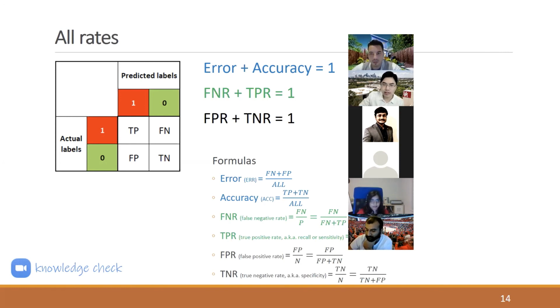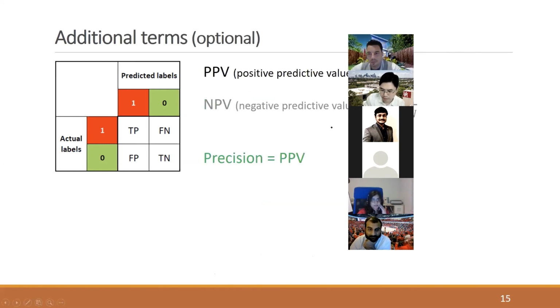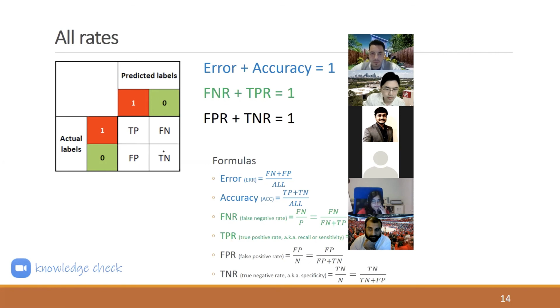And realistically, this cannot be calculated in real life, because we don't know this. Wait, hold on. We don't know this, right?